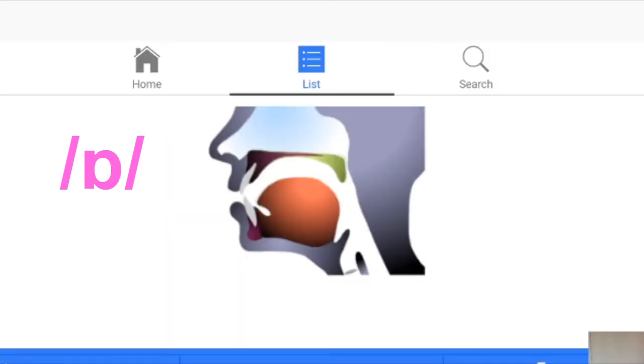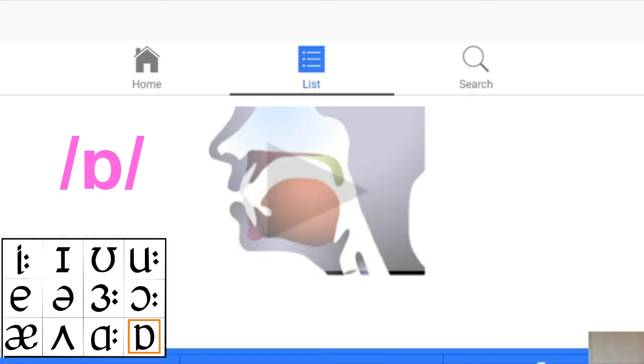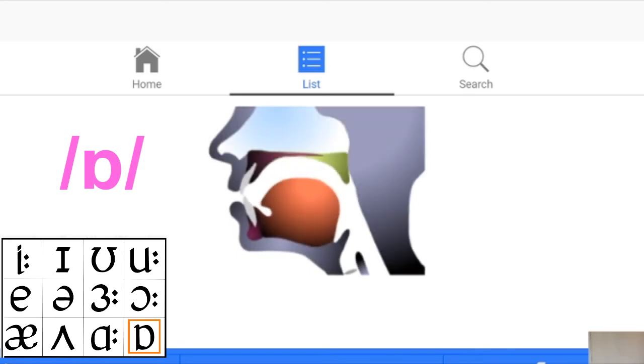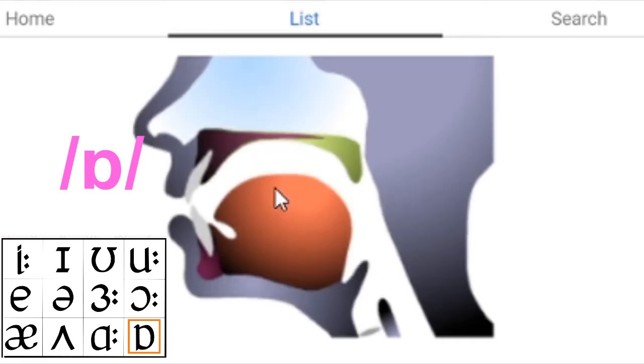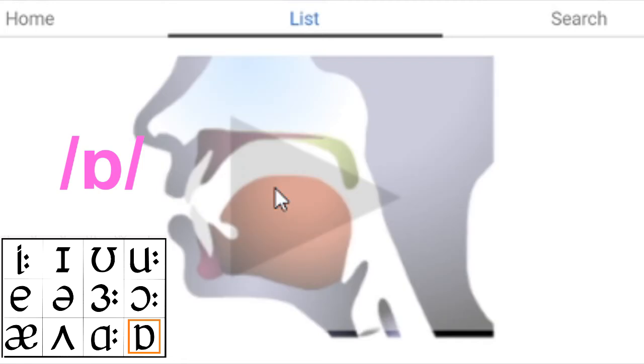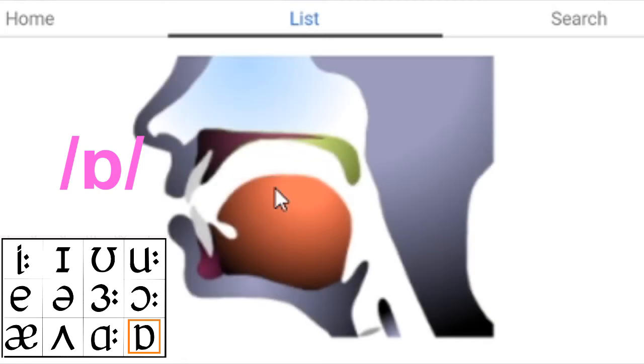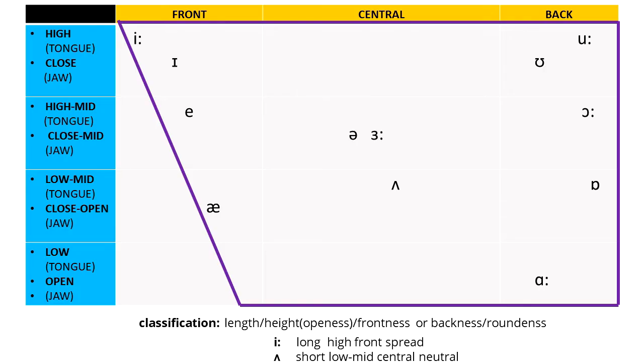Now for the next vowel, because this is an American software and because this is a vowel that exists only in BBC English, I couldn't find the actual description of the sound production. But, rule of thumb, just pretend you were pronouncing the previous sound, but now you will have your lips rounded.